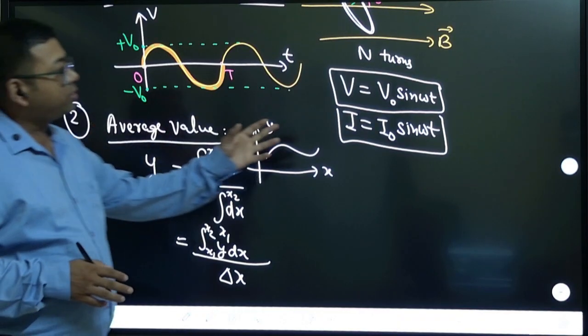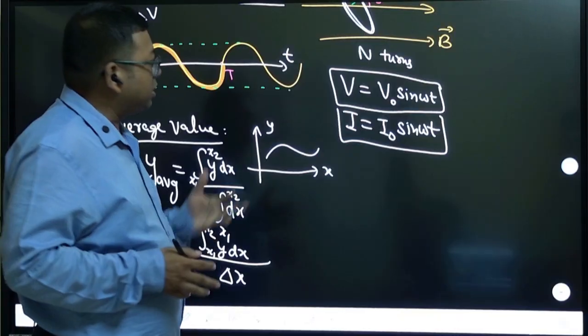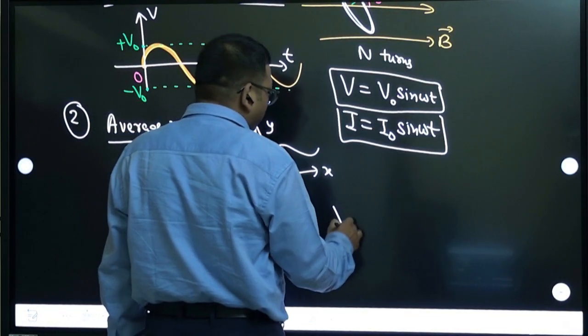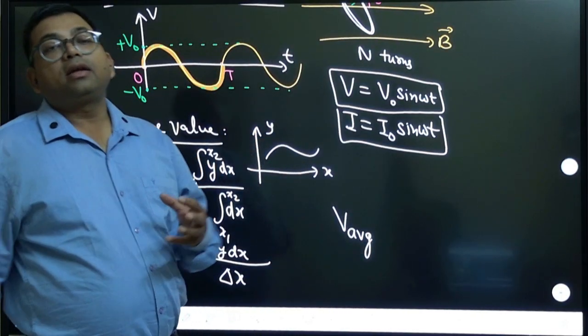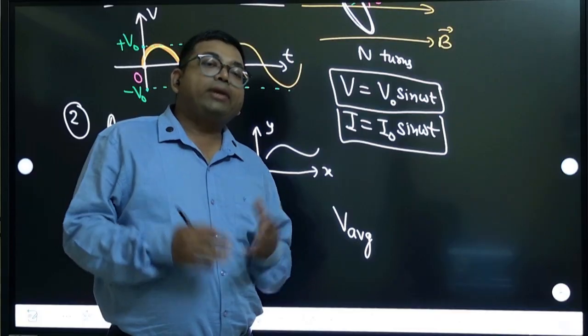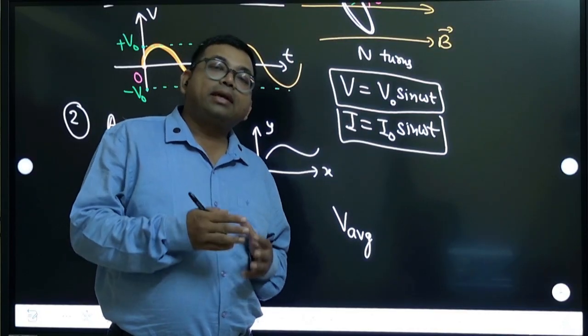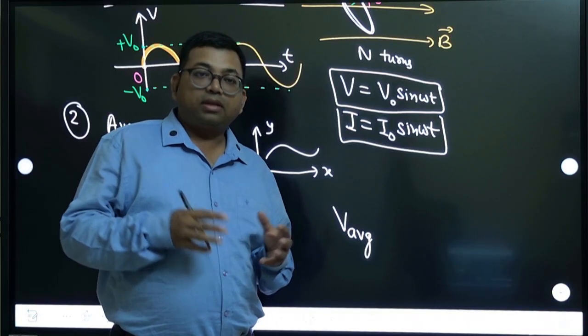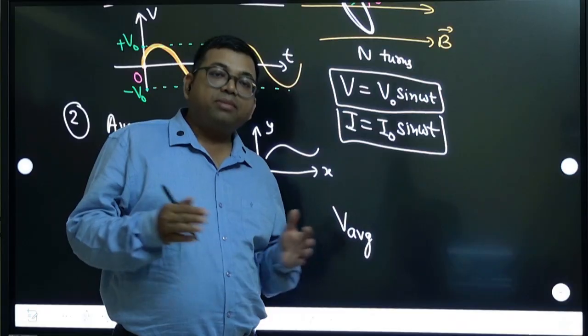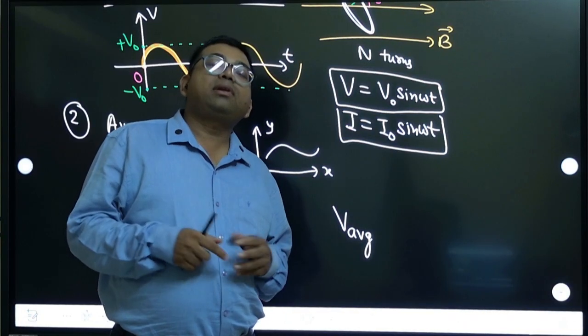For example, if you take voltage and want to calculate the average value, then the first question that will come is, average value from where to where? Are you calculating the average value over one cycle or half cycle? That is the question. What is the time interval you are taking?